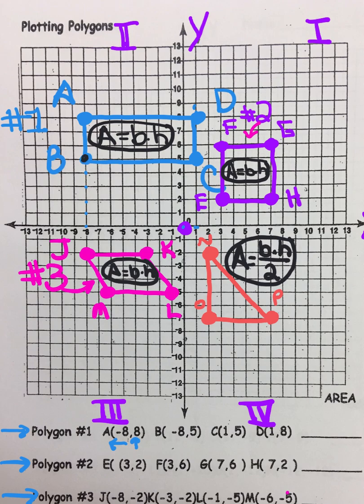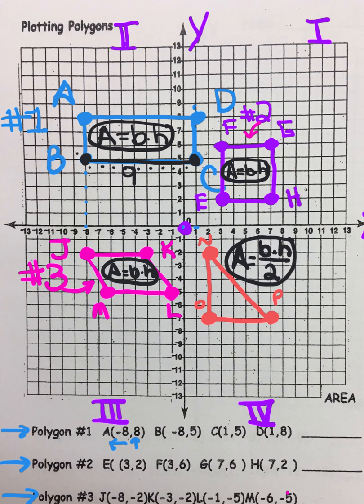For example, on the first polygon, what is the length of this line? We count the number of units that live along that line. You can clearly see that this is 9 units long.